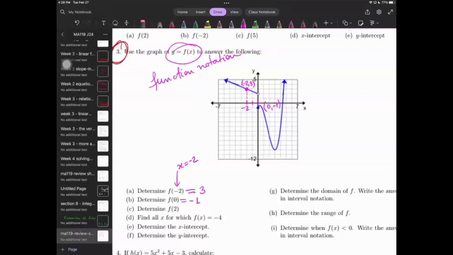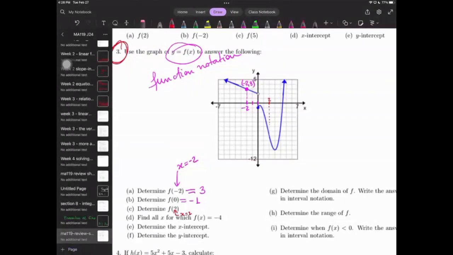All right, so for part C, we need f of 2. Unfortunately, I've already written too much on my graph, so I'm going to use a different color to highlight that. Let's say red. f of 2, so x equals 2, and then find the y value. So x equals 2 is marked in the graph.